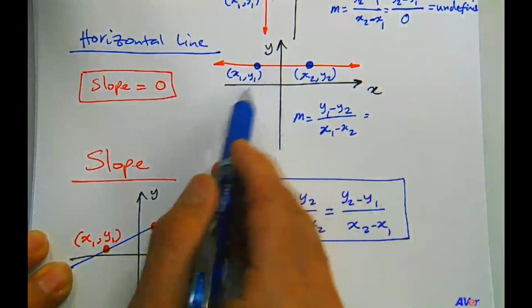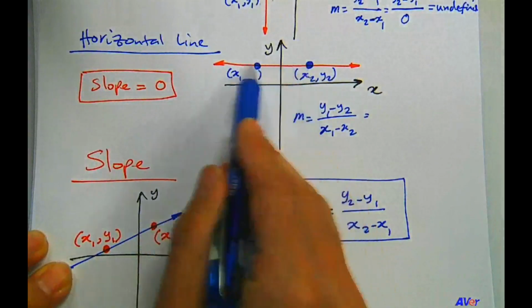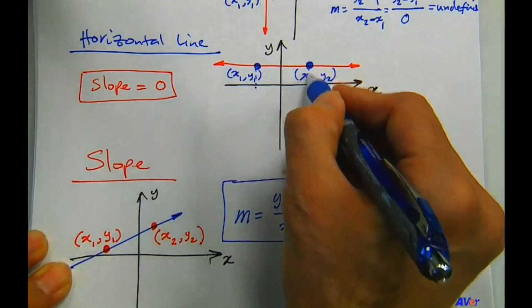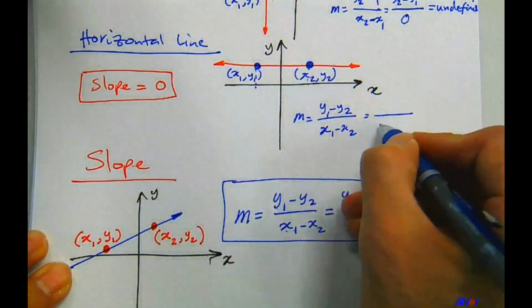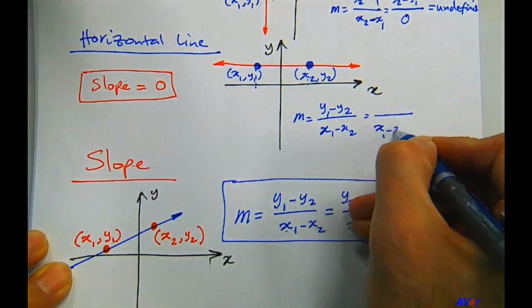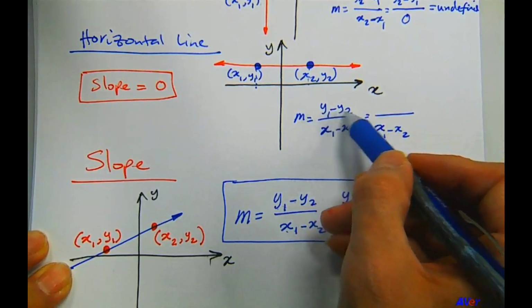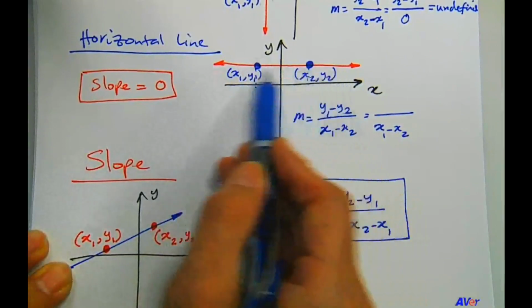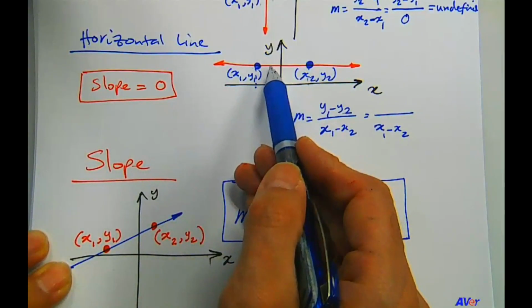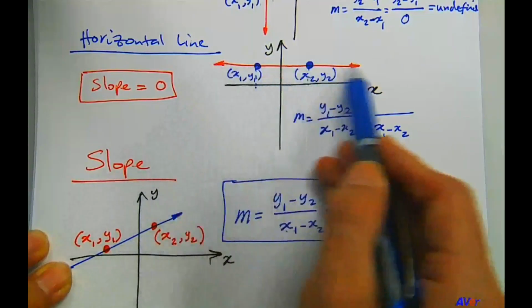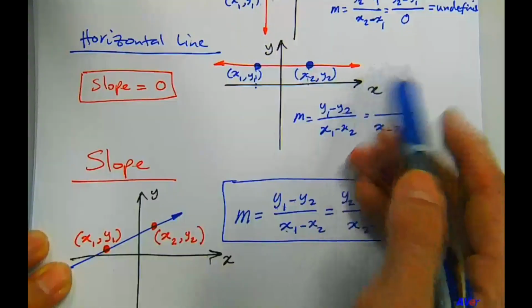Now this time, x1 and x2 have to be different. It's clear, x1 is going to be here, x2 is going to be here, so we're going to keep those as x1 and x2. But y1 and y2 have to be the same value, the same y value through which this line goes.